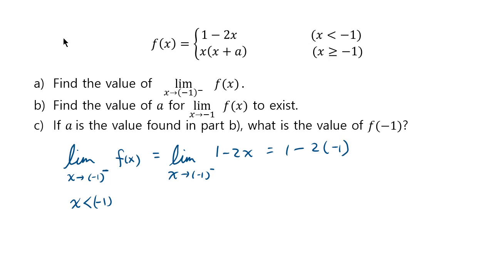So as x gets closer and closer to -1, we know that 1 minus 2 times -1, when you multiply negative by negative, it's positive, so it's 1 plus 2, and you get 3. And it's the value of 3 that f of x gets closer and closer to.